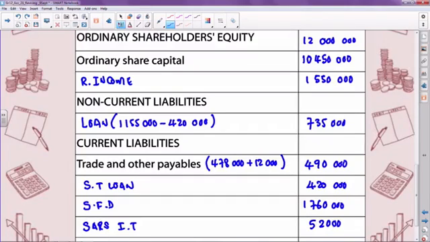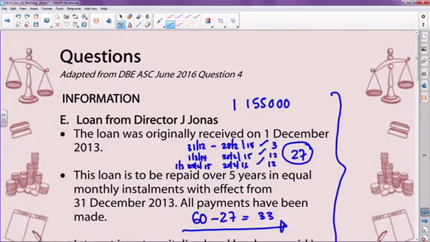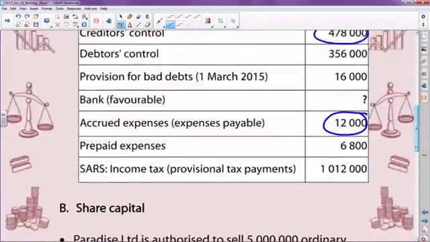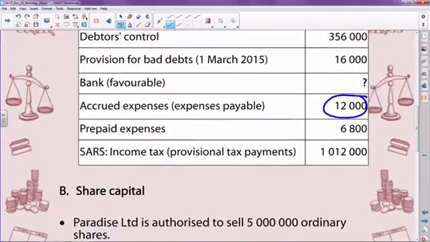Right, the reason I'm doing this, let's put in those figures here. 1,064,000 minus 1,012,000. Let's just identify that figure. So we got the correct figure there. 1,012,000 is correct.